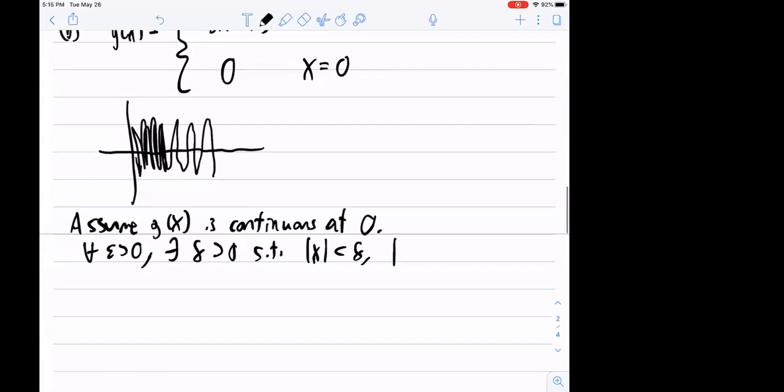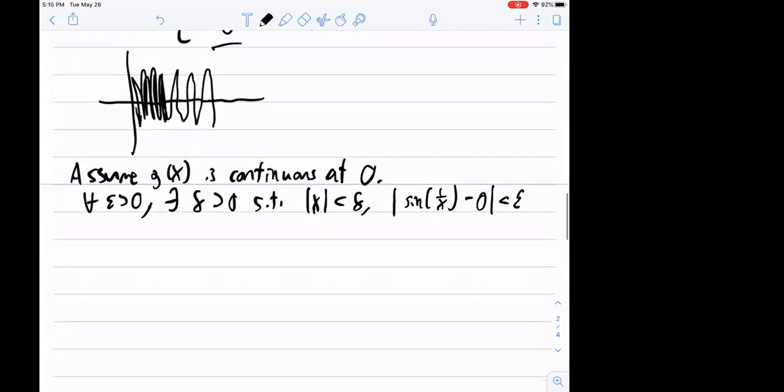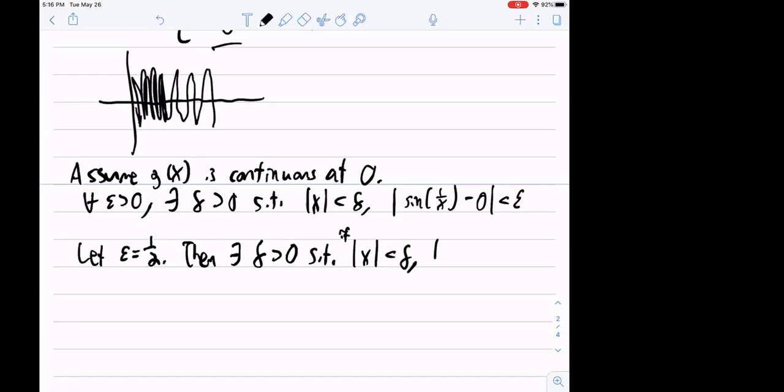My function is sine of 1 over x minus, at 0, it's 0, right? So minus 0, absolute value, is less than epsilon. Okay, why is this not the case? Well, if this holds for all epsilon, it turns out epsilon equals a half also works in this case. So then there exists delta greater than 0 such that if absolute value of x is less than delta, |sine of 1 over x| is less than epsilon.